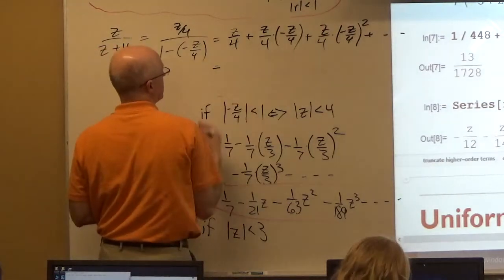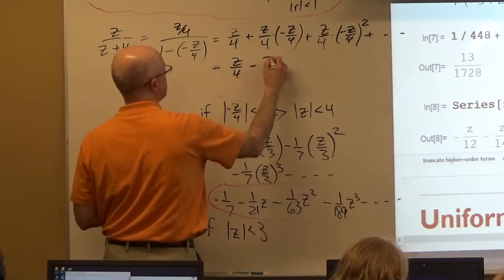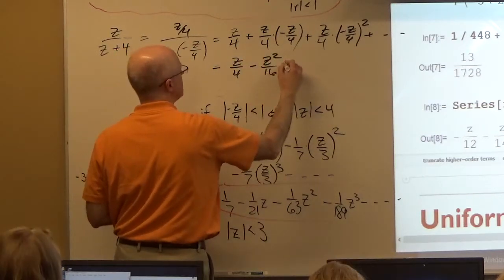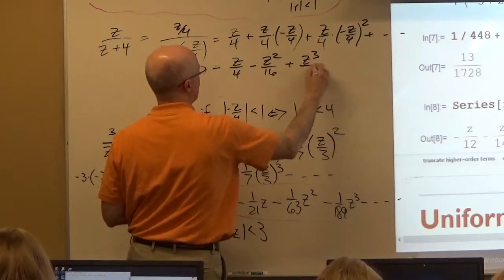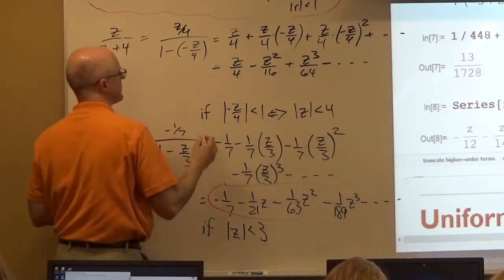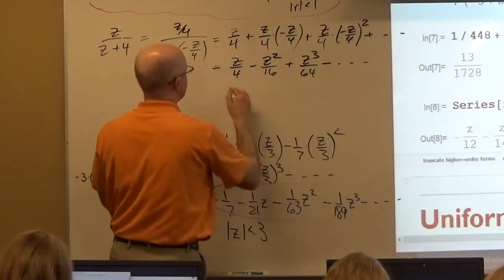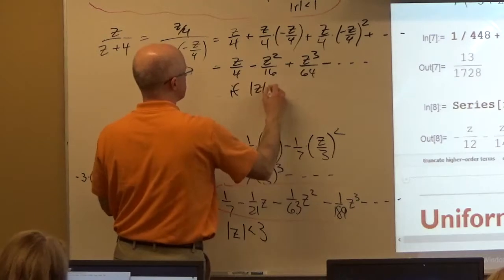Simplify a little bit. Actually, we're going to get the cube term when we simplify. Z over 4 minus z squared over 16 plus z cubed over 64. That's going to be true when, once again, the modulus of z is less than 4.